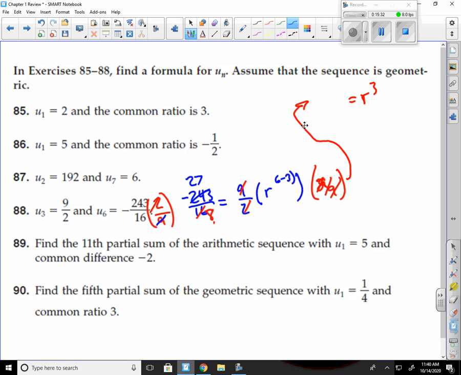So it's negative 27 over 8. Take the cube root of both sides. It gives me negative 3 over 2 equals r. Now I can use this for my equation. Each time I'm going forward this direction, I'm multiplying by negative 3 over 2.